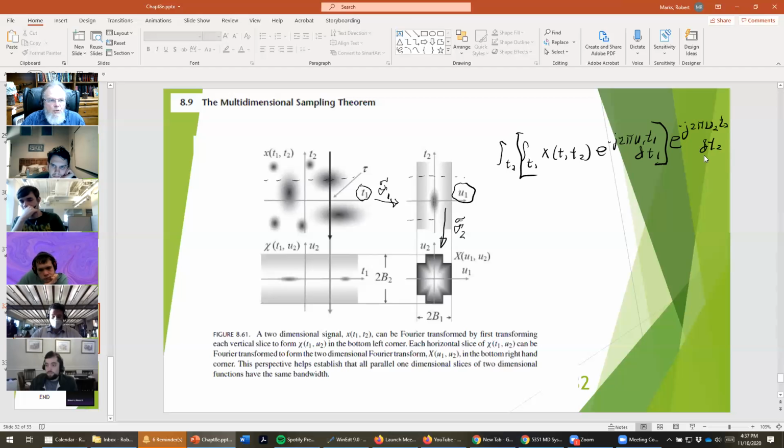I've simply taken the two-dimensional Fourier transform and taken the kernel and divided it. Since it's e to the j, I can break it up into the product of two parts, right?